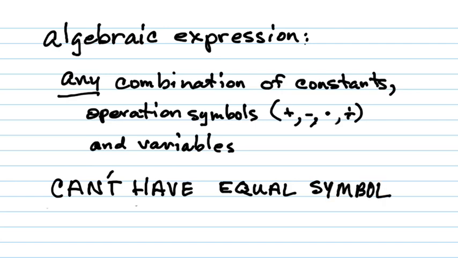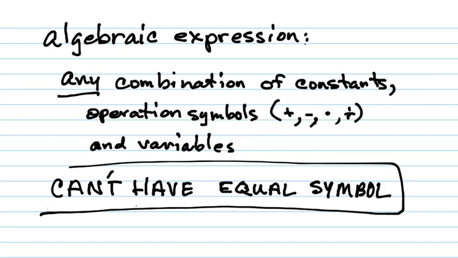Because if you add an equal symbol, then you no longer have an expression, you have an equation. And they're totally different animals. Absolutely different rules. Okay? So, can it have a 9? Yep. Could it have a plus? Could it have a B? Could it have an equals? No.